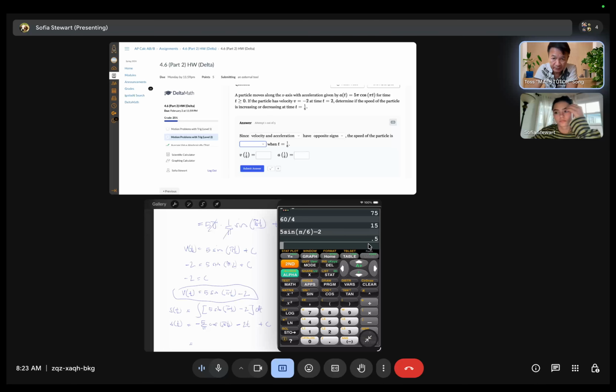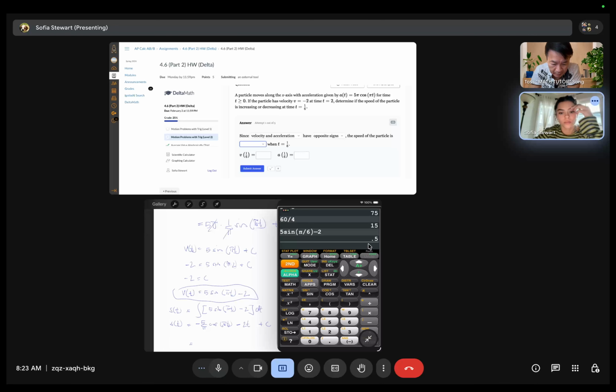So it's positive for the last part. Is it increasing? Yes, it's increasing. And then it's asking you to solve for v of 1/6 and a of 1/6. The first one, v of 1/6, we can get right now: it's 1/2, or 0.5.